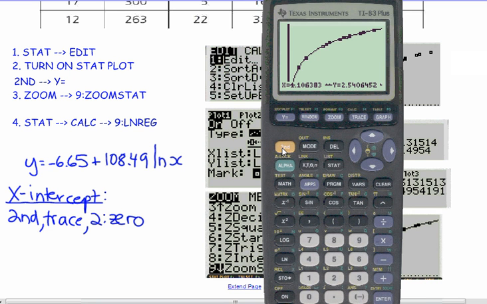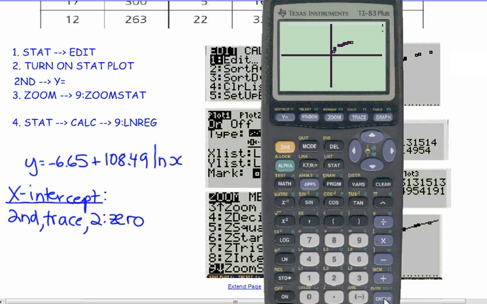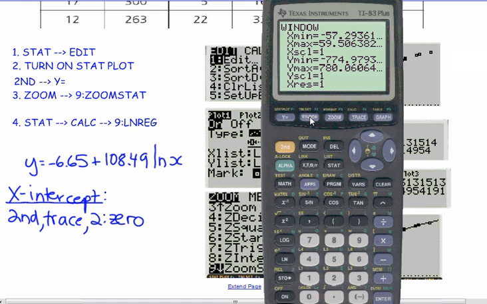Okay, try it again. Second trace. Now, if you zoomed out 3, like Andrew said, it's kind of ugly looking, but you could do that. Second trace 2. So yeah, see, you have to be careful because you need a negative y value. Oh, I'm going to go back to my window.